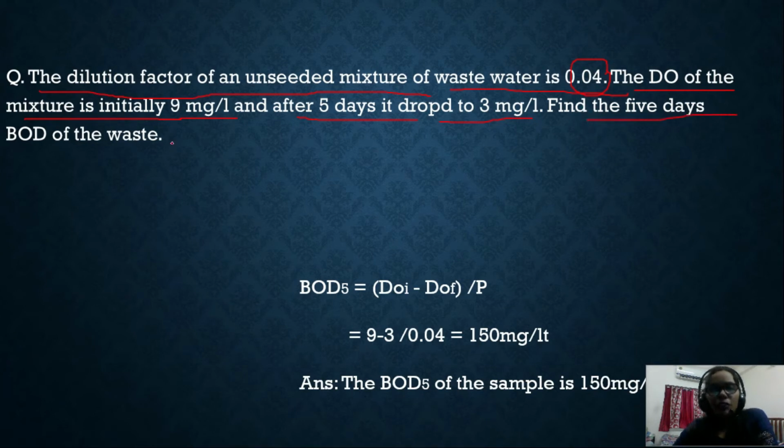Now find out the 5 day BOD of the waste. Very easy question, because the P value is given, that is 0.04. The initial value of the dissolved oxygen is given, and after 5 days the final value, 3 milligram per liter, is also given. Now you just have to find out the BOD 5 of the wastewater.